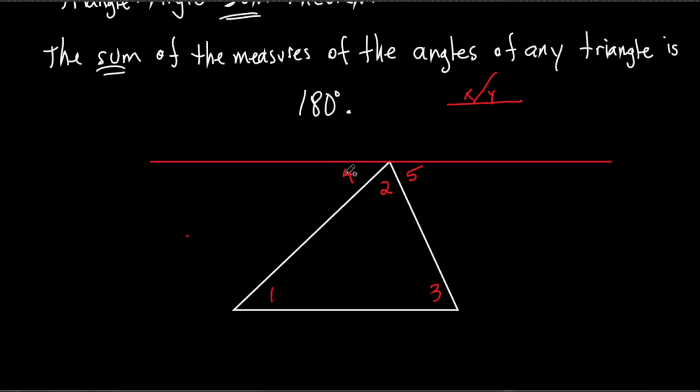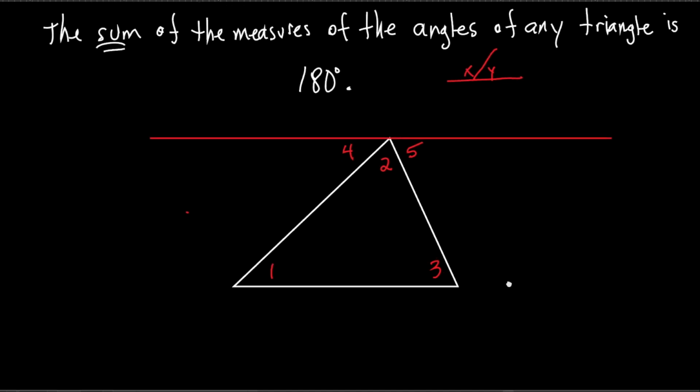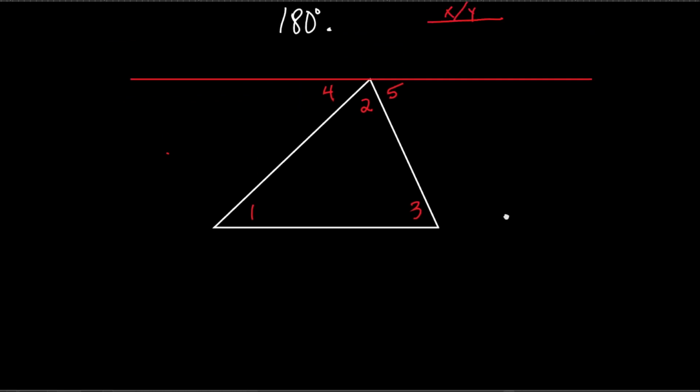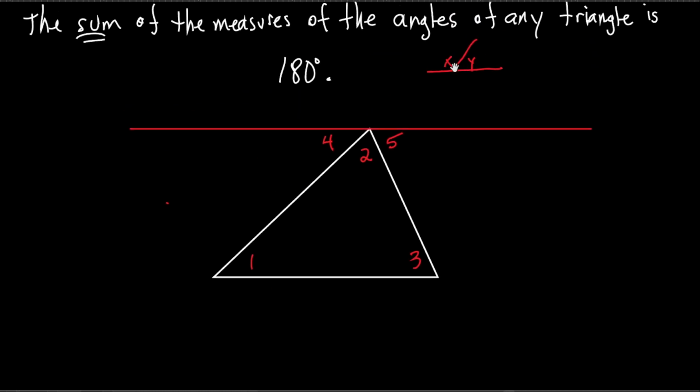So tell me something about 4, 2, and 5. They are the adjacent angles. Yeah, but what did I just say right here? Follow my train of thought. I said that x and y make a straight line, so they add up to 180, right? So I'm trying to get you to get somewhere, okay?